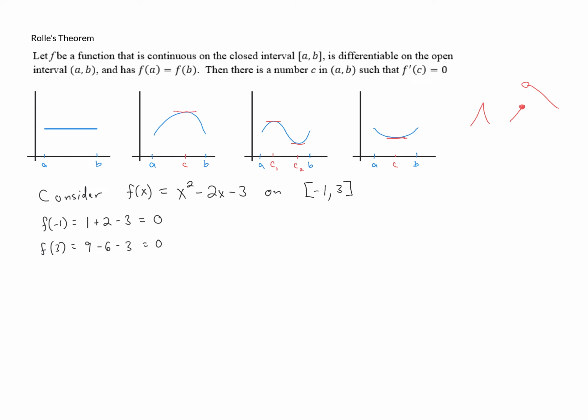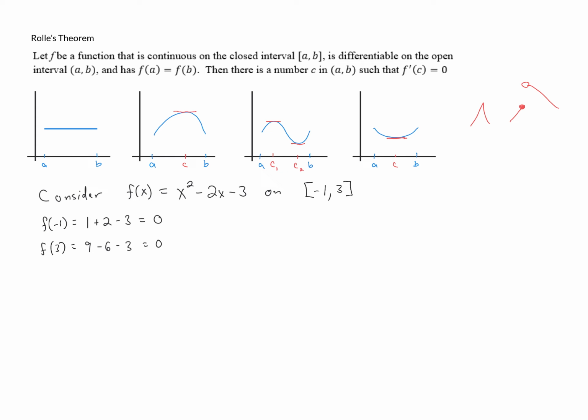So we've got a polynomial function, so we know it's continuous and differentiable everywhere. And we've got an interval where the function values are the same on the endpoints. So we know somewhere in this interval, there has to be an x value where if we differentiate the function, that derivative is going to be equal to 0.